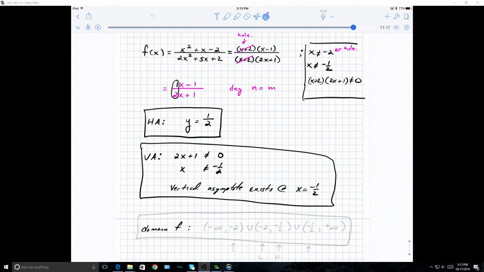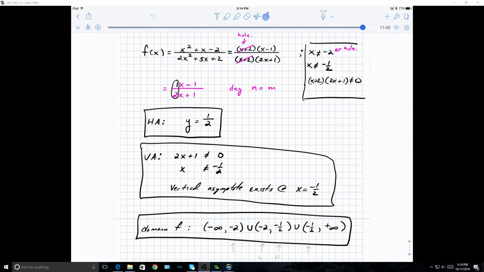So the domain here is going to be negative infinity up to negative 2, union negative 2 up to negative 1/2, union negative 1/2 up to positive infinity. And that would indicate the domain.